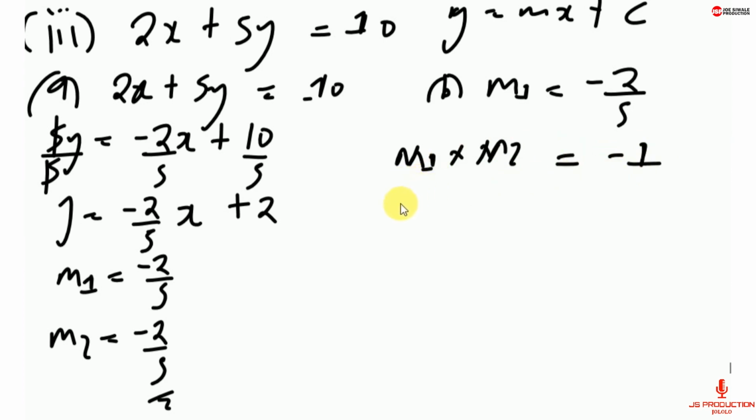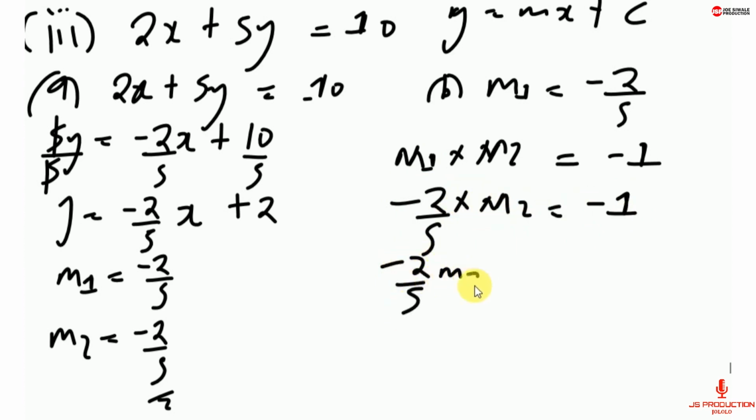So negative 2 over 5 multiplied by m2 will be equal to negative 1, and to find m2 we multiply by the reciprocal.